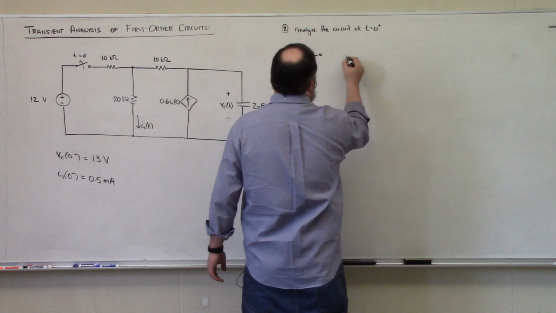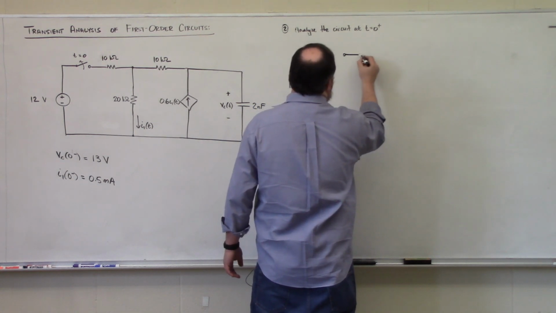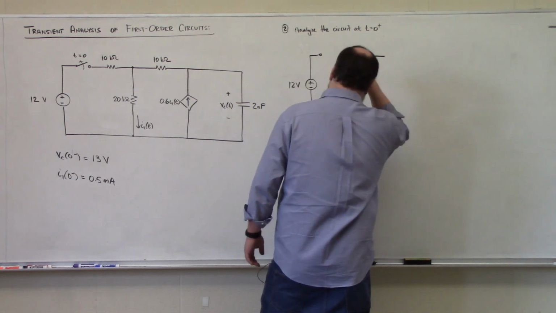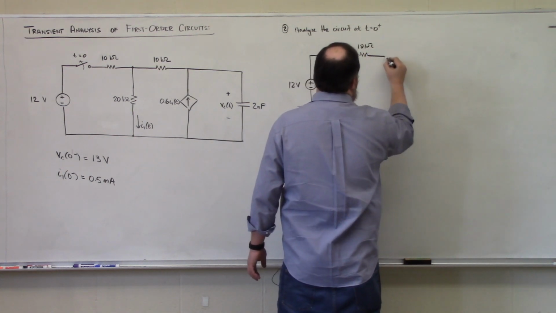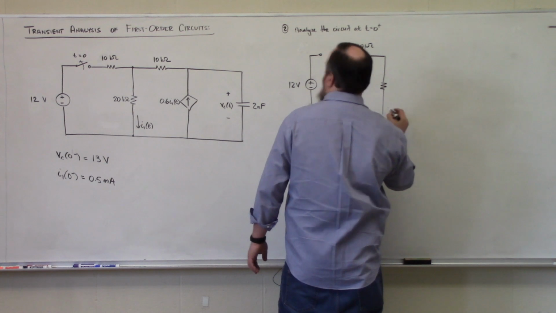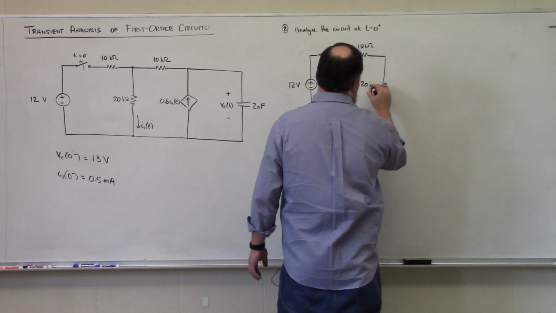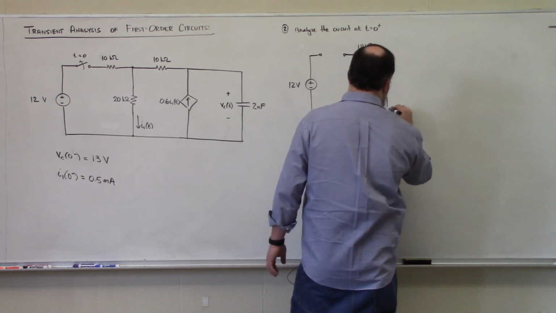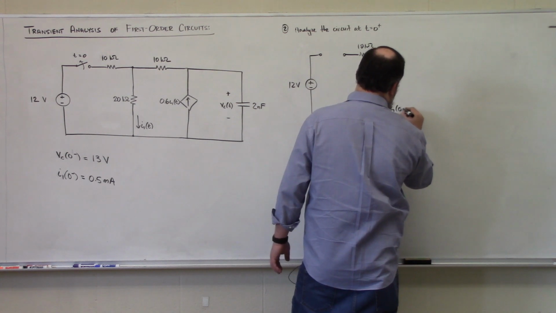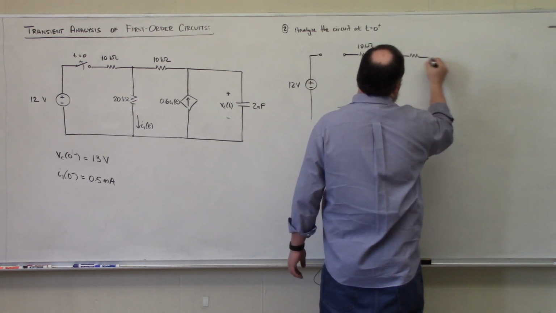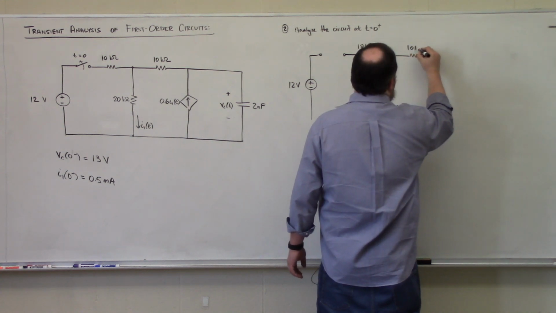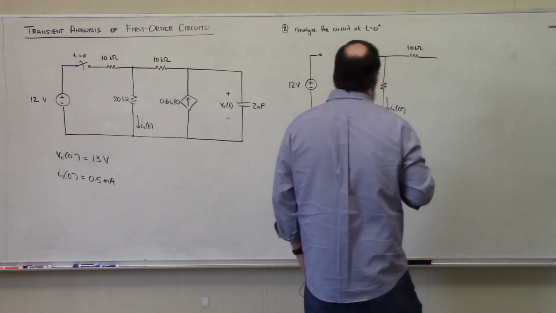But I should have an open circuit like so because my switch is open. And here's my 10 kilo ohm resistor. Here's my 20 kilo ohm resistor. This is my current I1 at 0 plus. This is my 10 kilo ohm resistor.